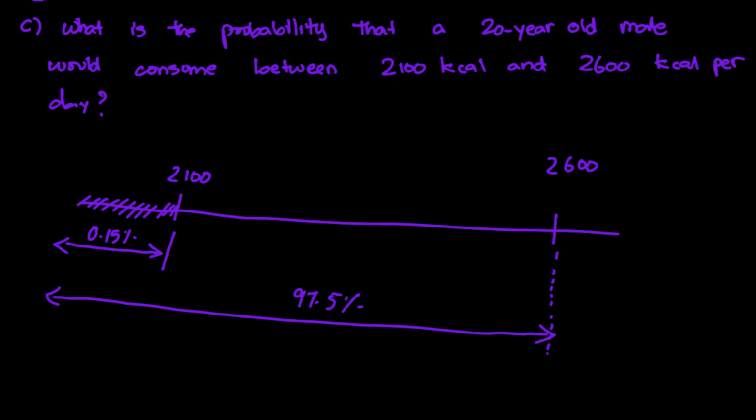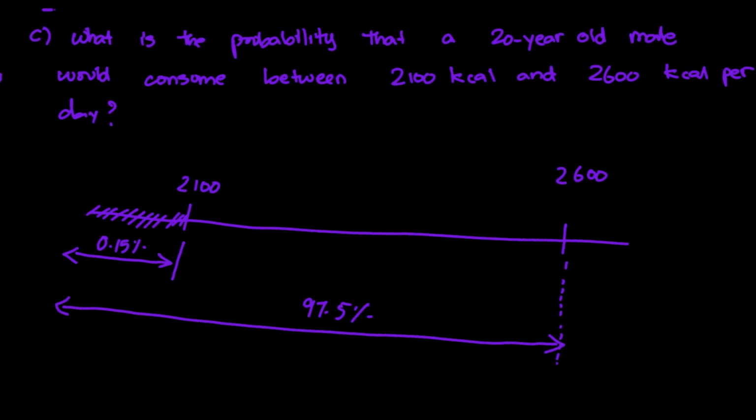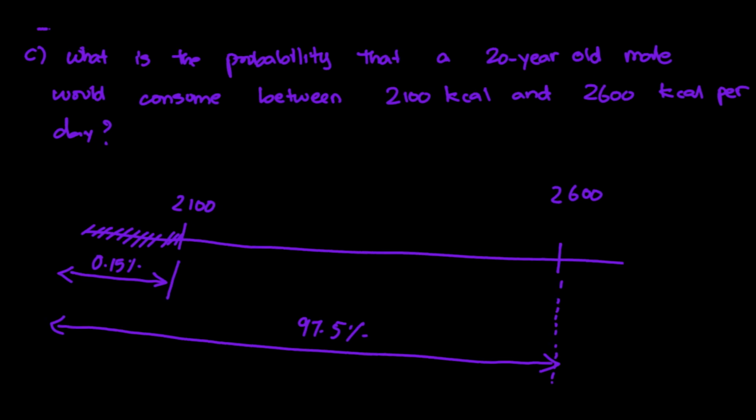And I'd like to know what percent is in between. So I just have to do quick algebra to find this out, because if 0.15% is below this number and 97.5% is below that number, I'd like to know what lies in between.